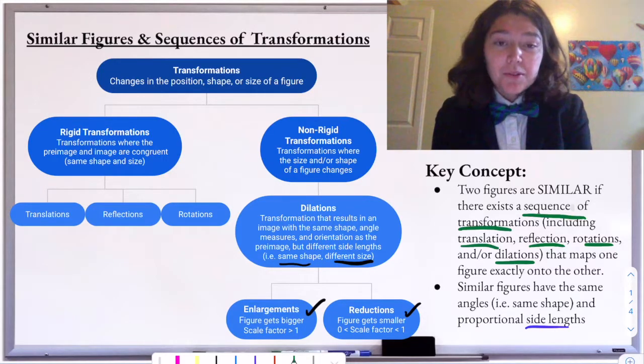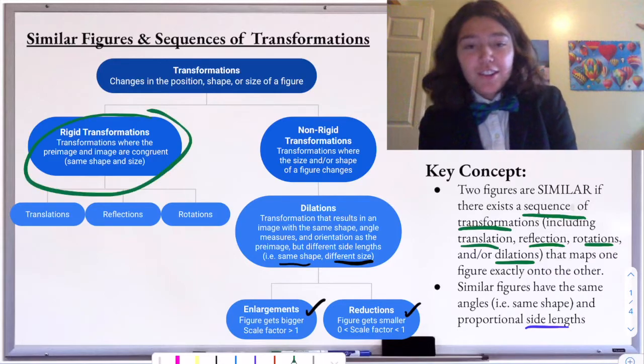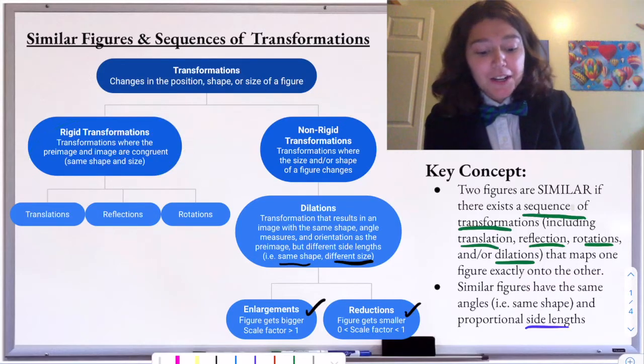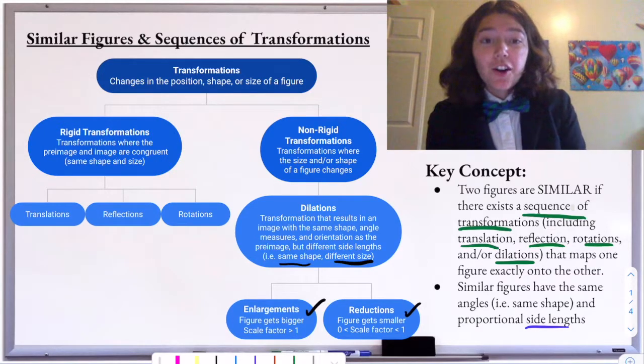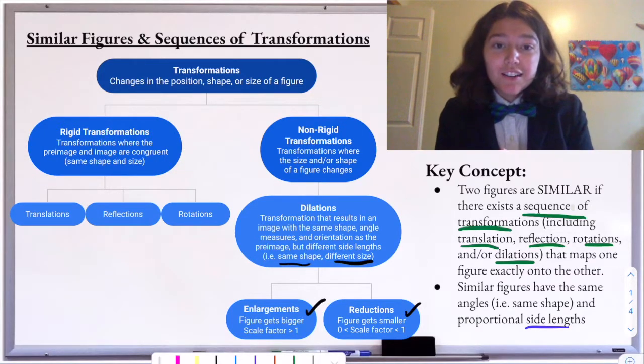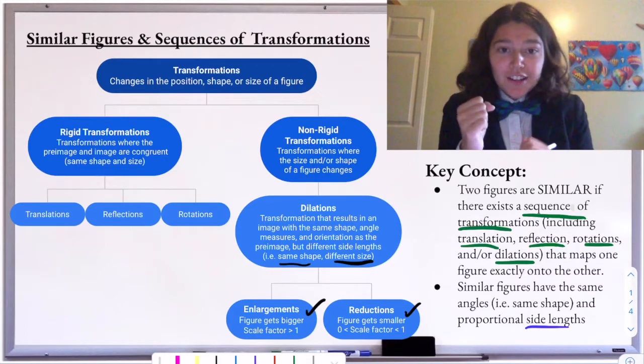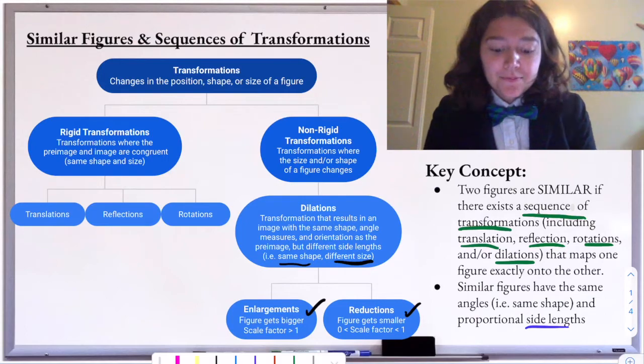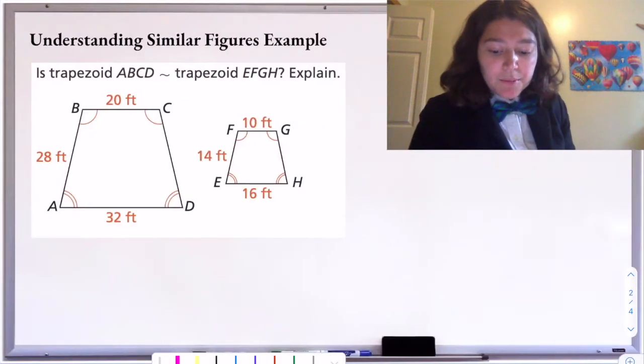Congruent figures meant there was a sequence of rigid transformations that took us from one to the other. All similar means is we're going to include dilations. So we can also resize the shape. In addition to sliding it, rotating it, and reflecting it, we can also resize it, make it smaller or bigger. So we'll look at three examples today.